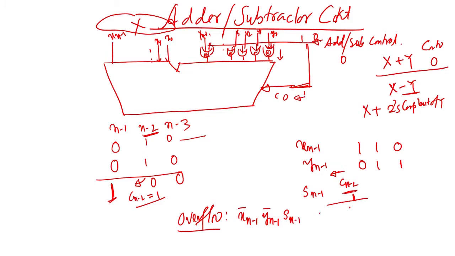In that scenario, another way around, if it is x n, y n, and then s n minus 1 is 0, this is 0 and this is 1, then obviously there is an overflow bit 1.